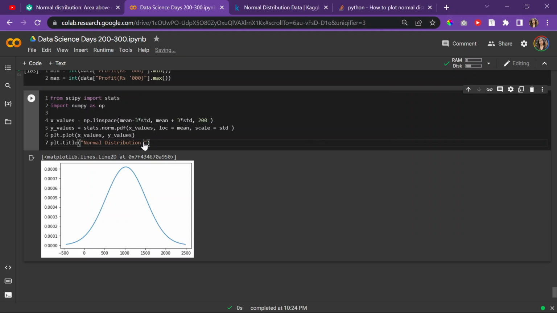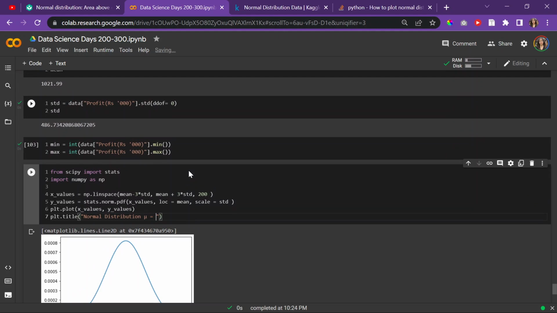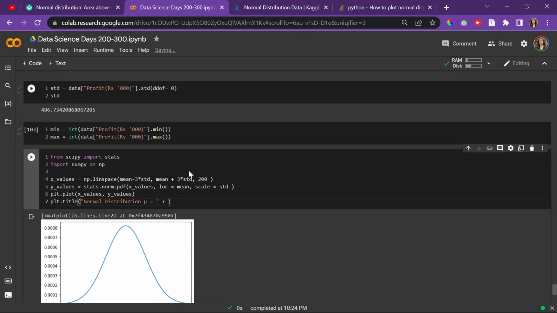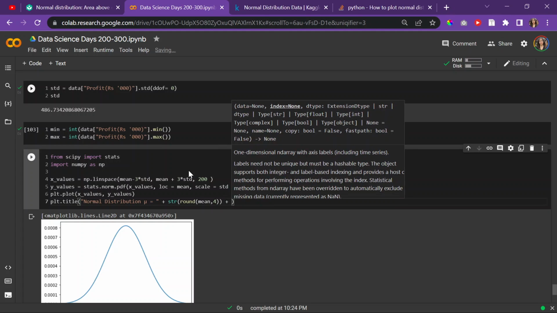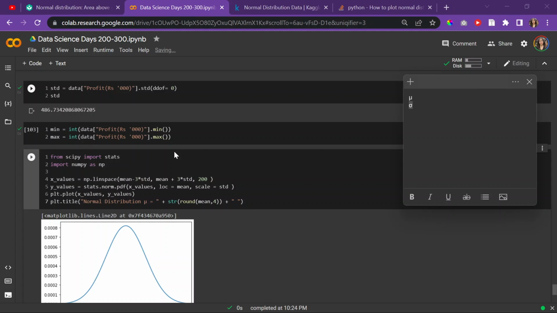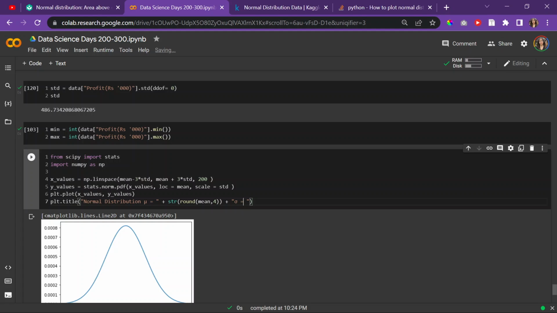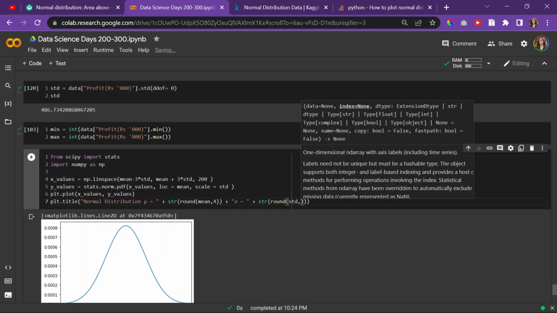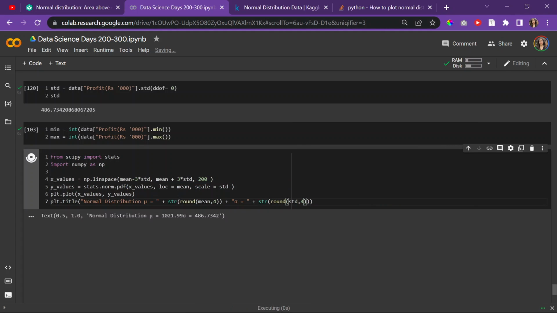So mu of, actually, I'll do string round, and then I'll take the mean and I'll round it to 4 decimal places, and I'll do sigma, which is over here, of string round, and I'll take the standard deviation and round it to 4 decimal places, and hopefully that works.